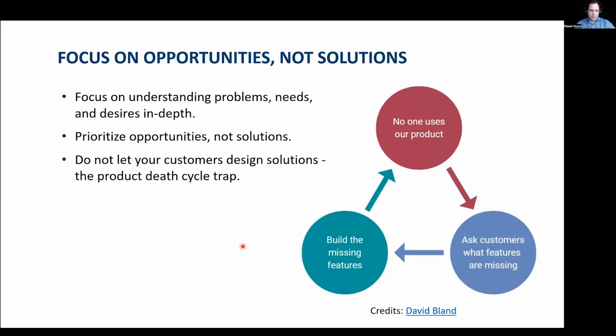Here you see, so what is important when we create this opportunity solution tree is that we do not want to prioritize ideas like displaying a search box, but we would like to prioritize and focus on customer problems.